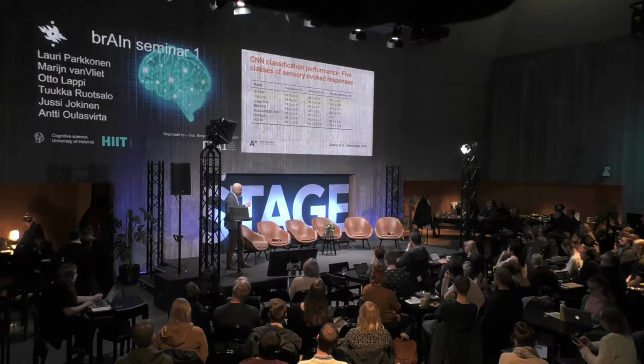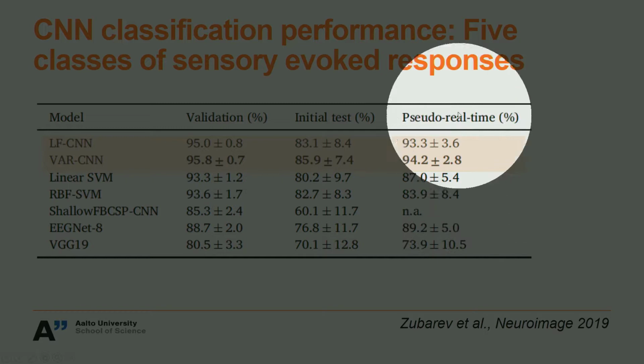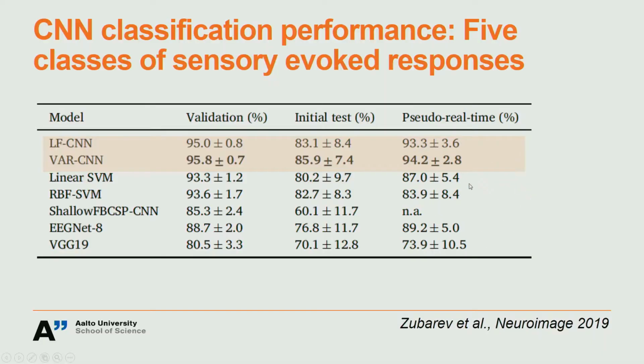Then an SVM, a support vector machine, is doing almost as well. Then the other CNN type of approaches are doing a little bit worse. But what is important is what is labeled here as pseudo-real time, where you take the data only from the beginning of the recording, as if you were doing a brain-computer interface or something like that, where you have to train with the data from the beginning of the experiment.